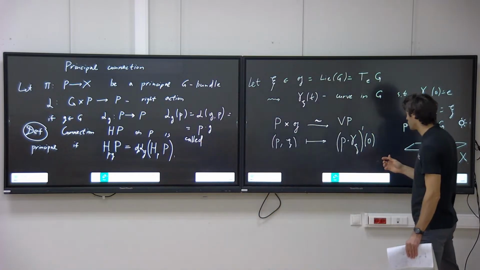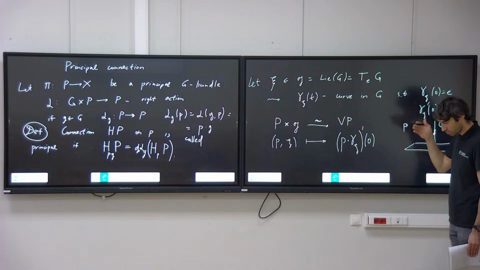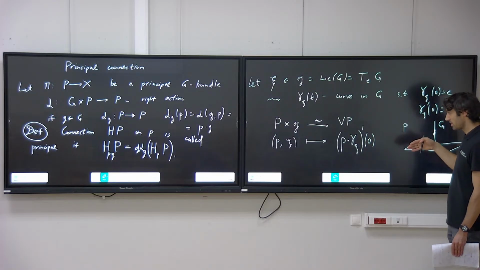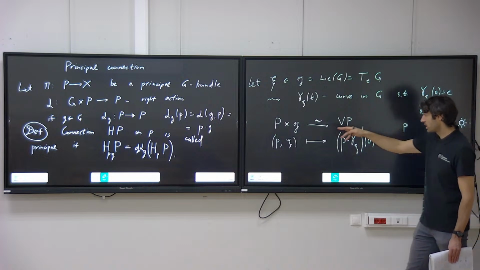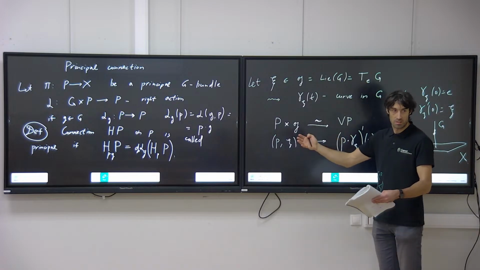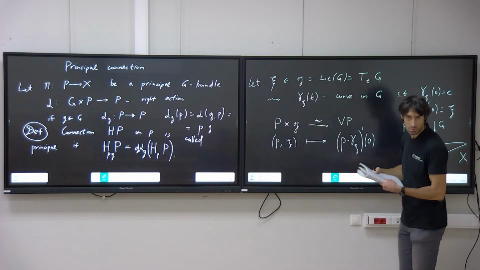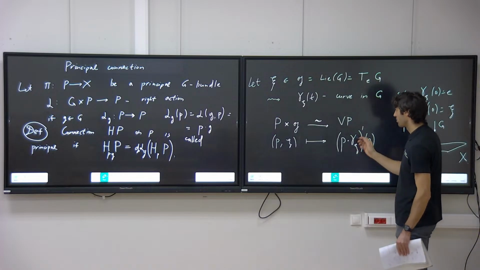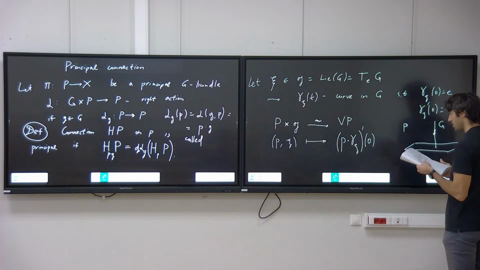But my goal is to reformulate it. There is another way you can define a principal connection, by actually giving some G-valued one form on P which satisfies certain properties. So now my goal is to see what this form is. For this, first I observe that I have such an isomorphism.